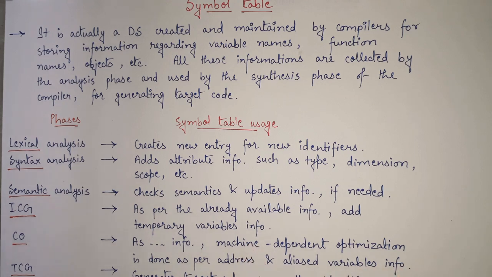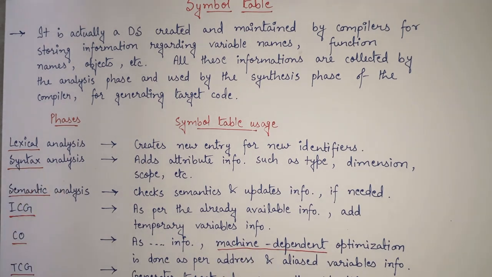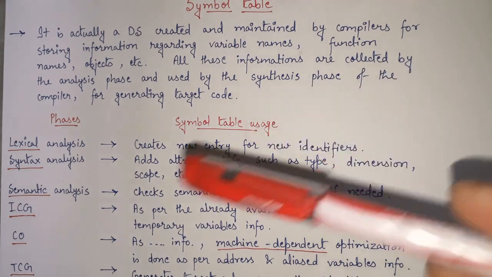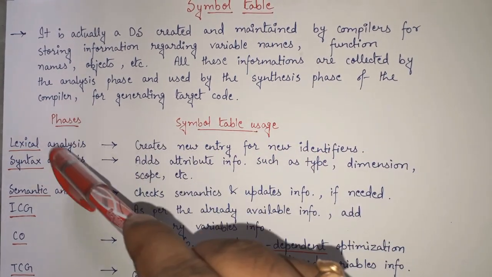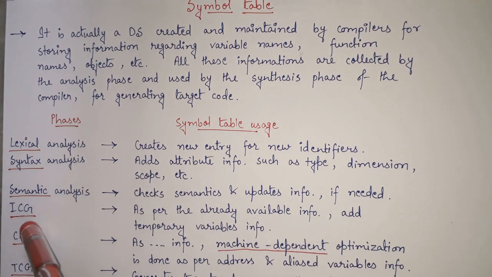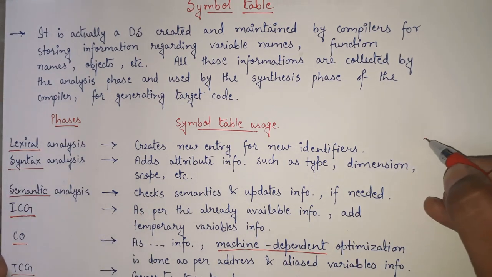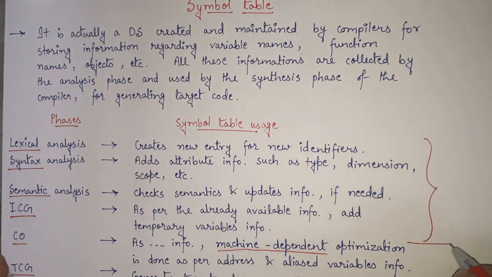Now, one more thing I would like to add here: lexical analysis, syntax analysis, semantic analysis up to intermediate code generator, up to here it is known as the front end of the compiler, and the last two, that is code optimization and target code generation, are known as the backend of the compiler.